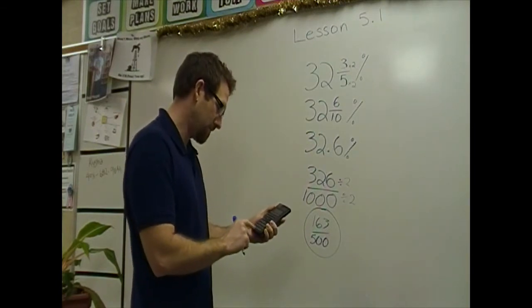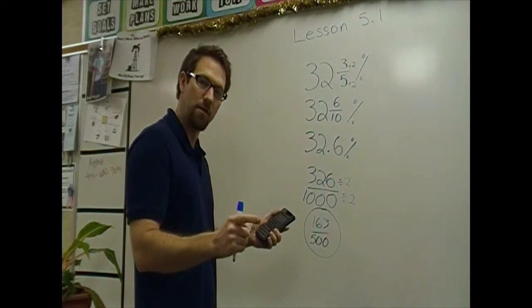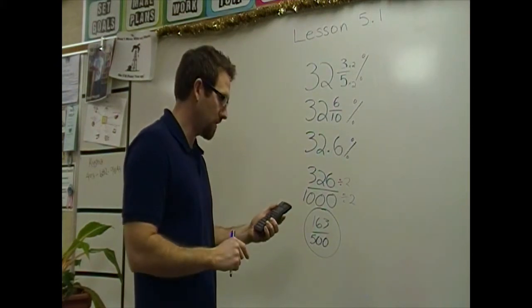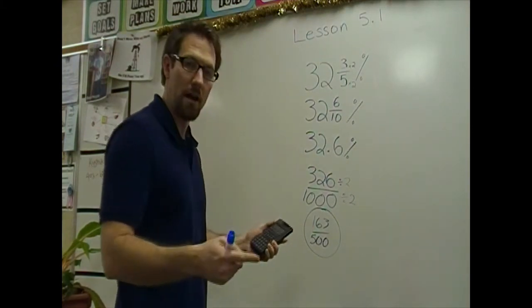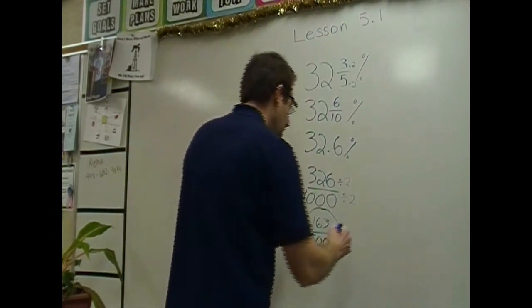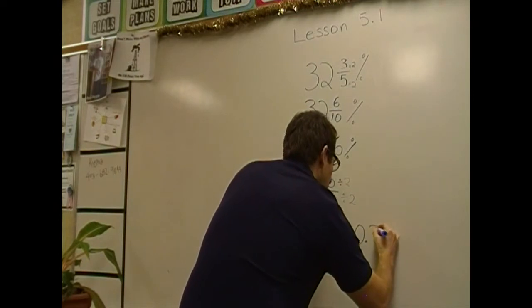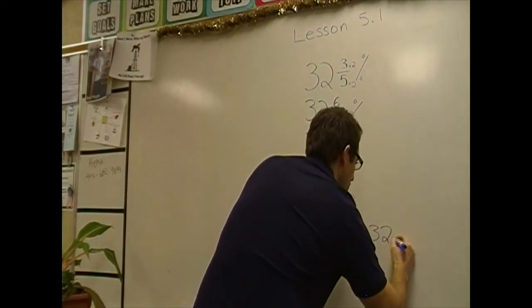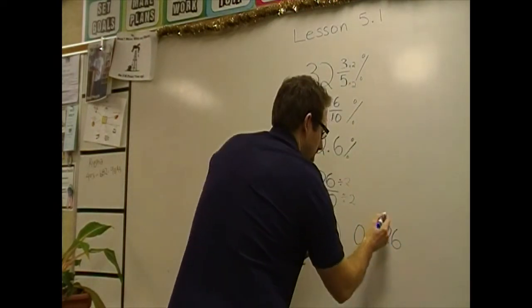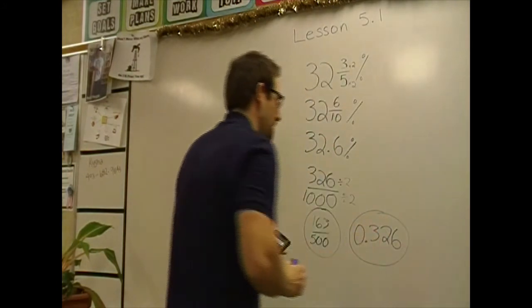It's easy. 163 divided by 500. And I'm going to get my other answer, the decimal that I wanted, and I get 0.326. I'm going to circle that because that's my other answer.